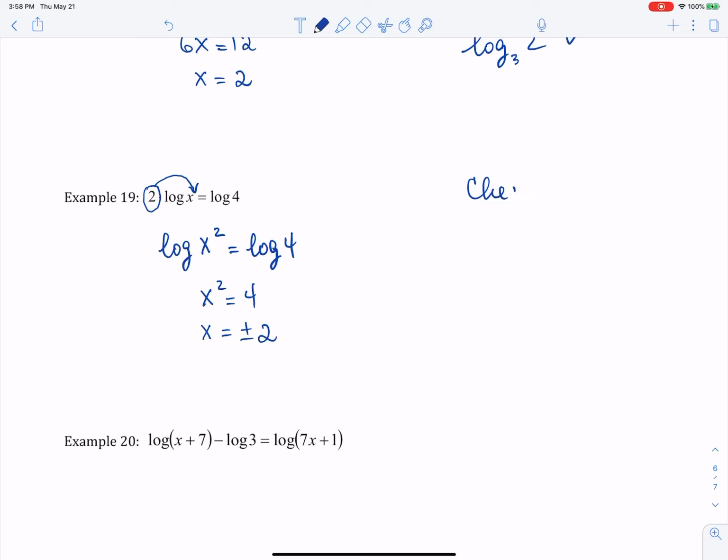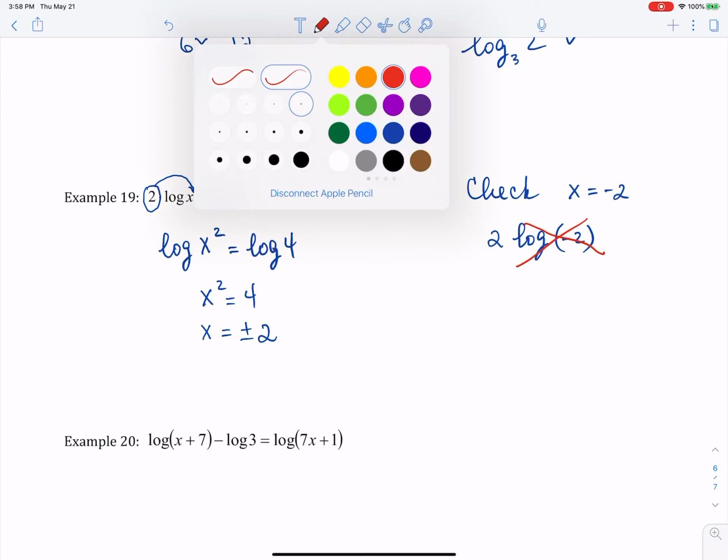However, if we check with x equal to negative 2 in the original problem, we see that we would have a negative 2 as argument, which is not possible. So negative 2 is going to be an extraneous solution.